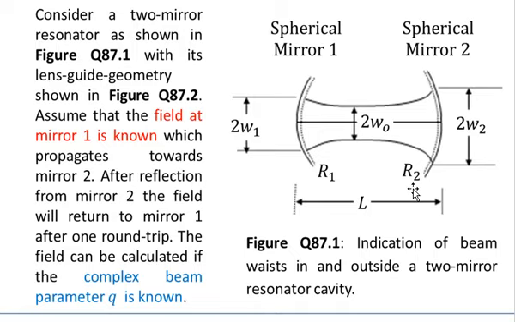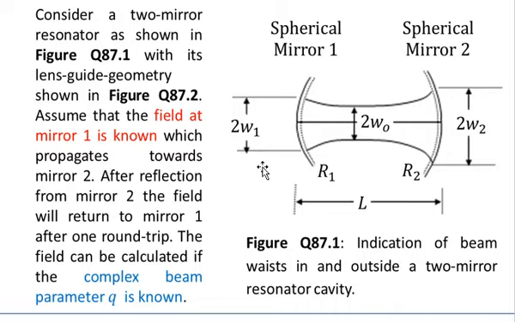The beam waists have been shown at three different places. That is at the location of the spherical mirror 1 represented by 2W1, at the spherical mirror 2 represented by 2W2, and the diameter of the beam waist within the cavity is represented by 2W0.